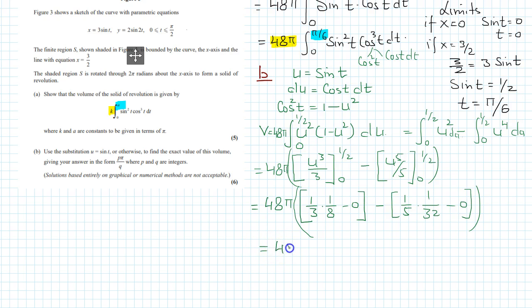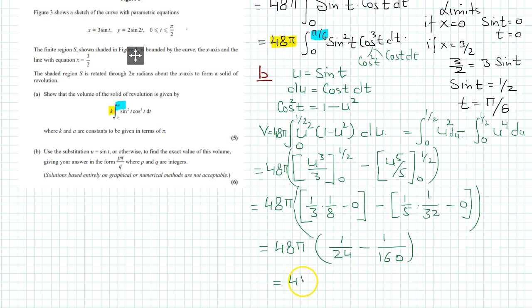So this is 48 pi times (1 over 24 minus 1 over 160).